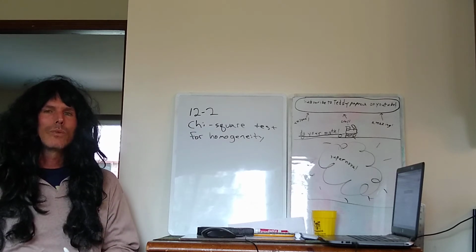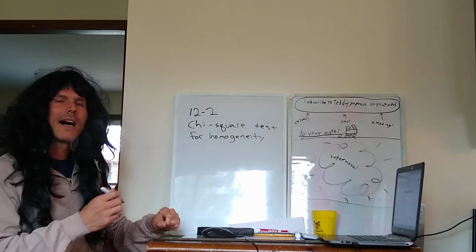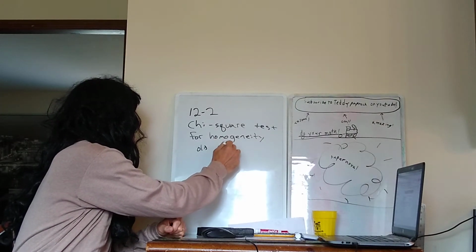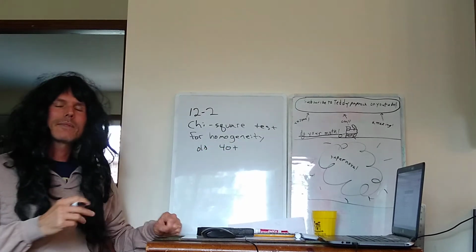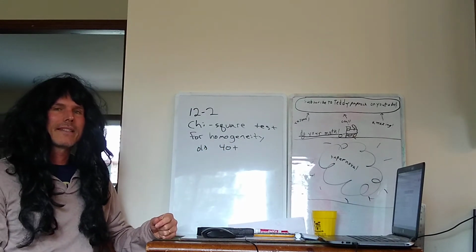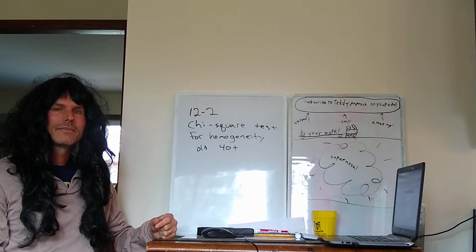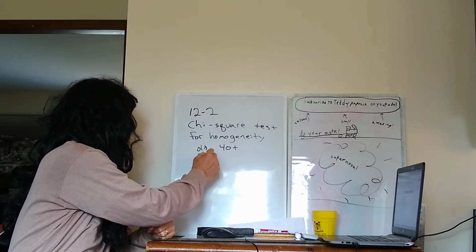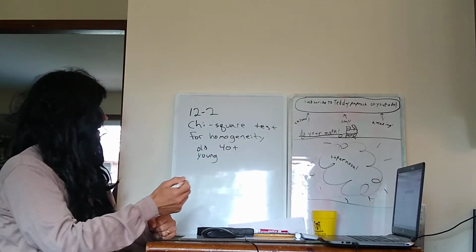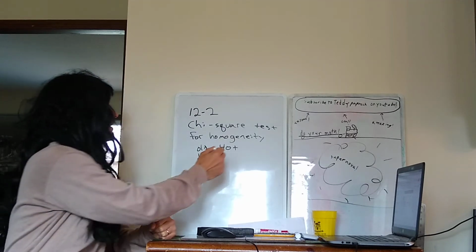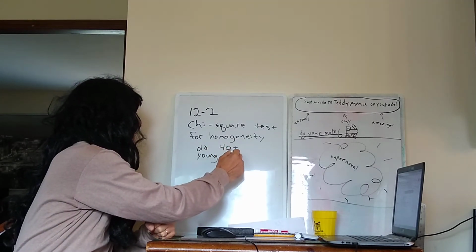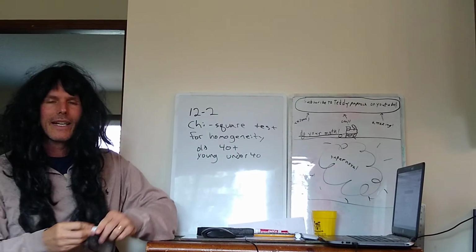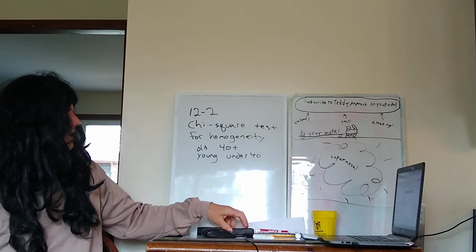We'll draw a line in the sand and call old people 40 plus. That's not necessarily old like an old man, but you've got to draw the line somewhere. And young people, the category into which all of you fall, is going to be under 40. Now it turns out I have some data about this.